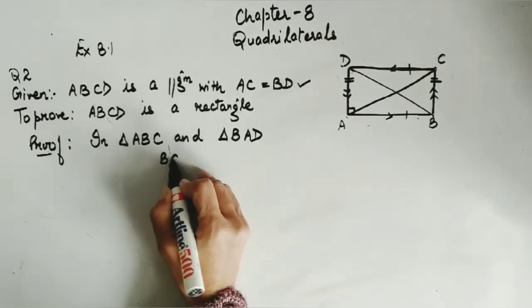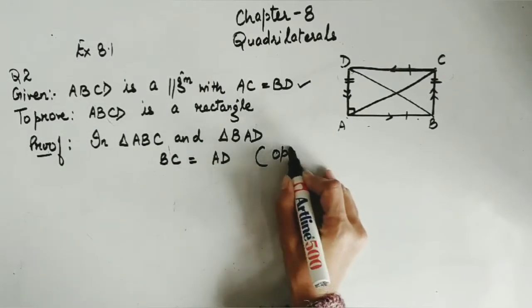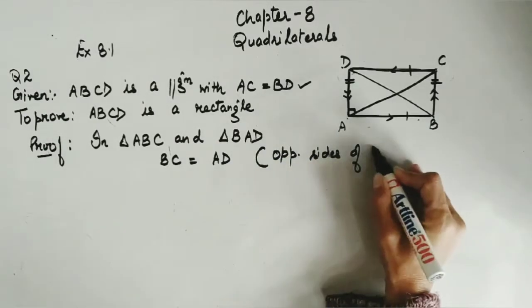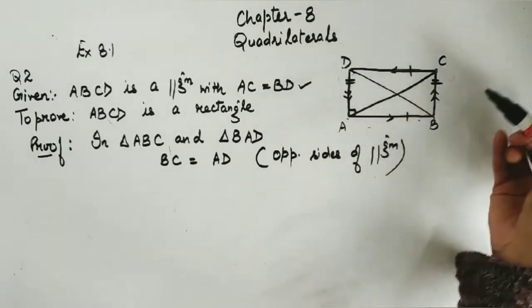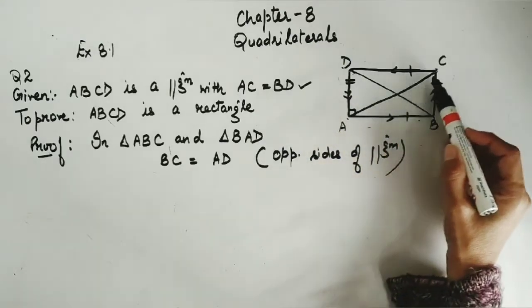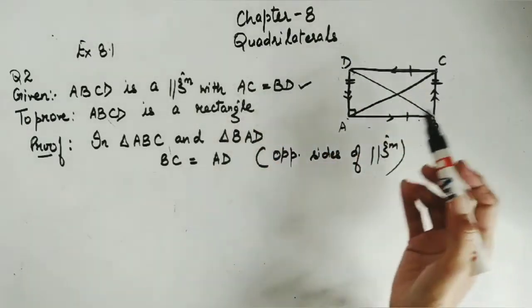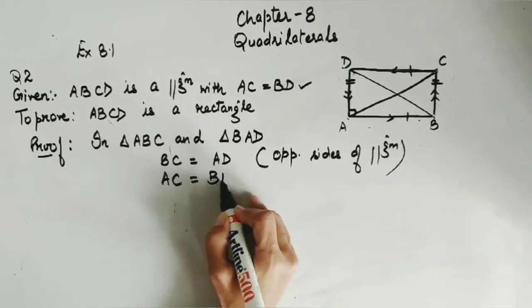So BC is equal to AD, opposite sides of parallelogram. We know opposite sides of parallelogram are always equal. That's given also. Another is AC and BD. This is given. This is extra information given to us. So AC is equal to BD.